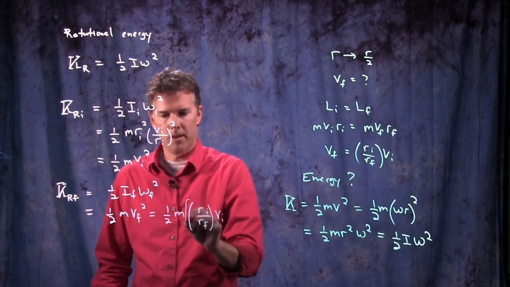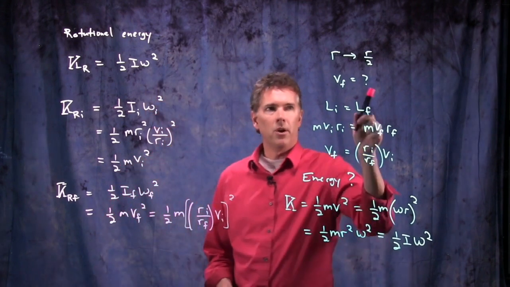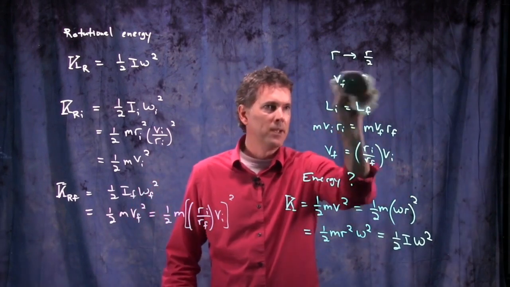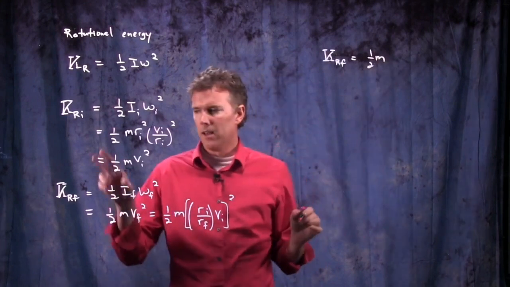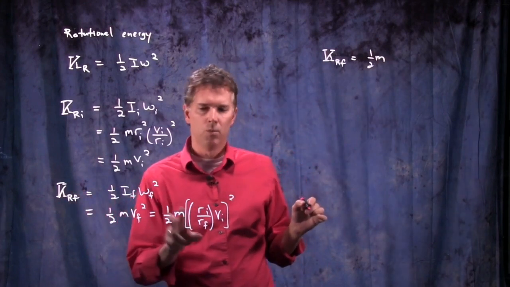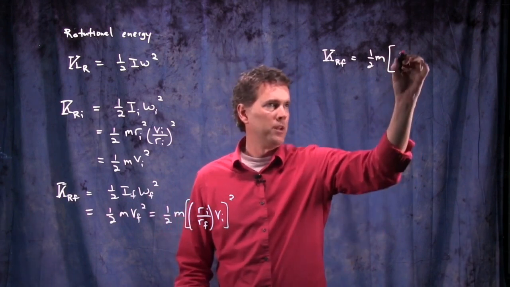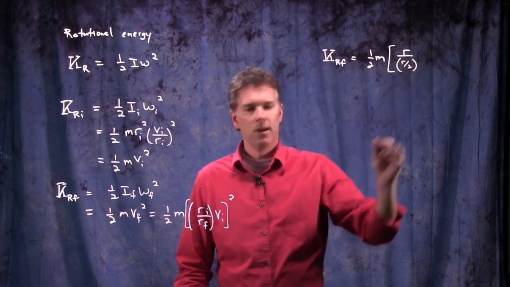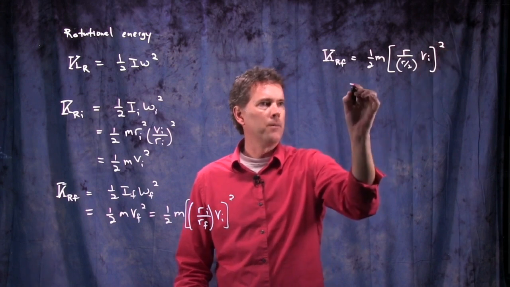And then we have to remember that we're squaring the whole thing. So in our example, where r went to r over 2, let's see what we get for energy. So we've got rotational final energy is 1/2 m times r initial over r final, which was r over 2, multiplied by v initial, and that whole thing is squared.